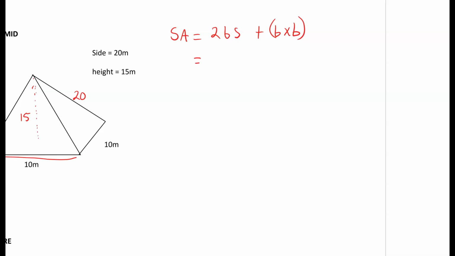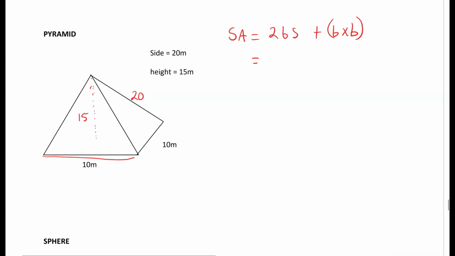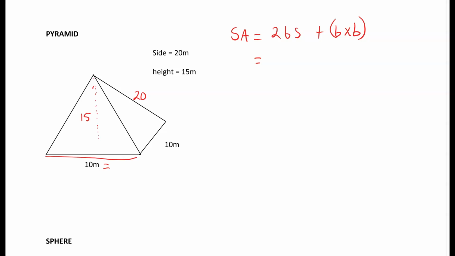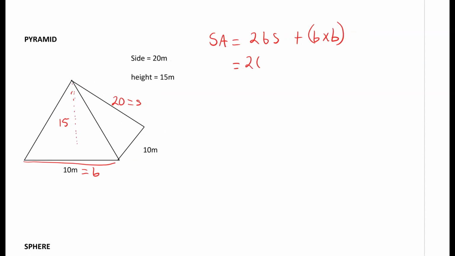Now this is going to be 2 times the base times the side. So if we go over and label, we have 10 as our base, and then our side is 20. So 2 times 10 times our side, which is 20, plus 10 times 10.